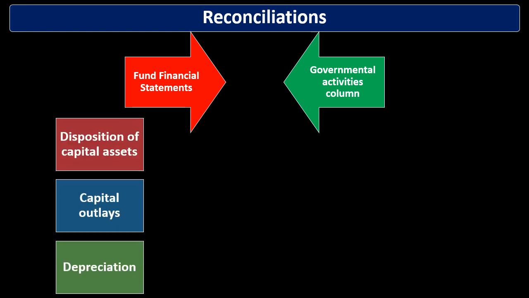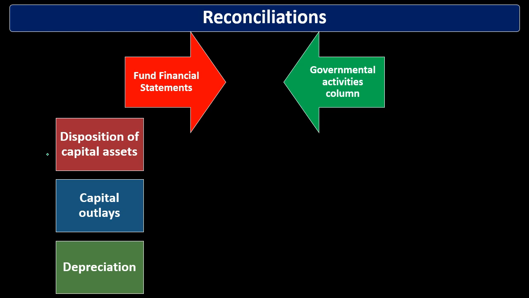Things that could be different between the two are things like disposition of capital assets, capital outlays, and depreciation. These are going to be different because on the accrual basis, obviously, we're going to record the capital assets as an asset on the balance sheet. On the modified accrual basis, we don't have long-term assets like capital assets, property, plant, and equipment.